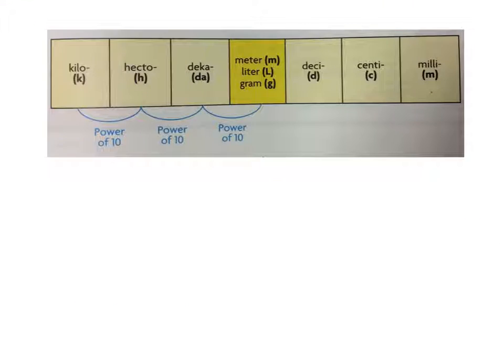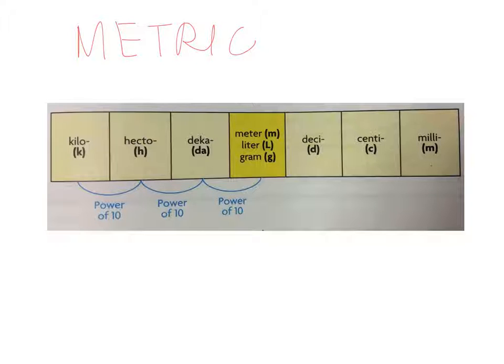Okay, thank you. So if you look back at your lesson 1.4 notes, you'll see how these are the metric units and how they're related. This chart shows us that there are 10 kilograms in 1 hectogram. There's 10 hectograms in 1 decagram. There's 10 decagrams in 1 gram. There's 10 decigrams in 1 gram.